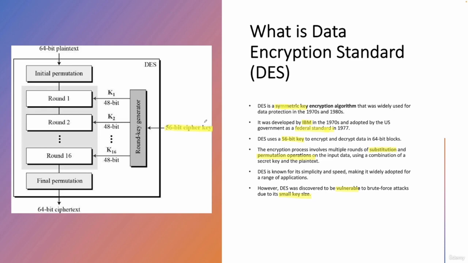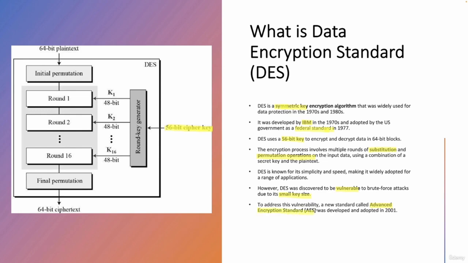That's why over time the DES algorithm died down. NIST then came up and said we really need to stop using DES and come up with more sophisticated encryption algorithms, and that gave birth to AES, which we will study in the next video.